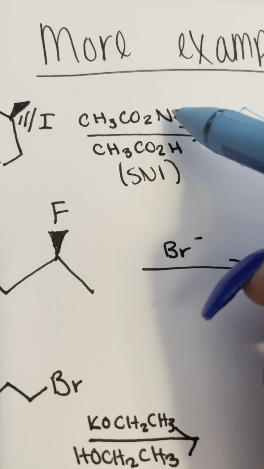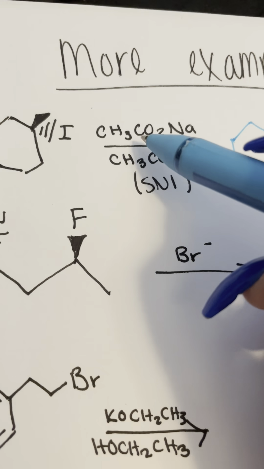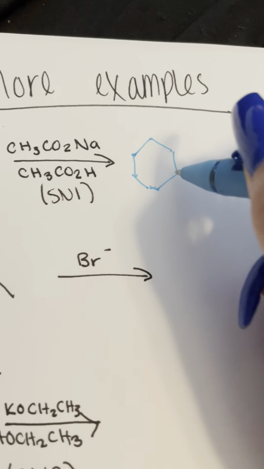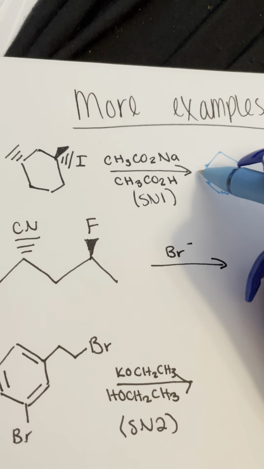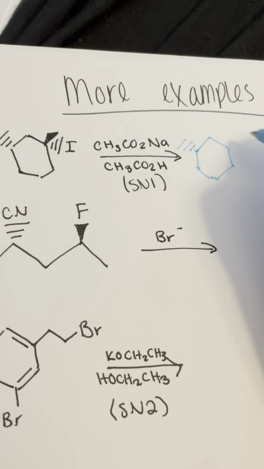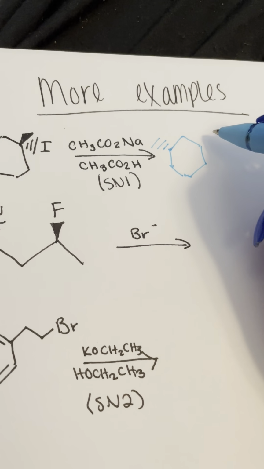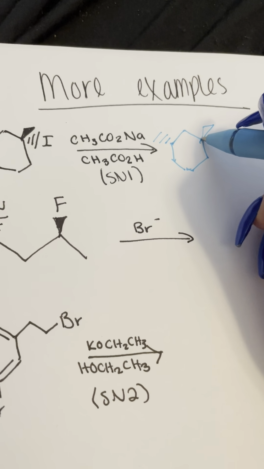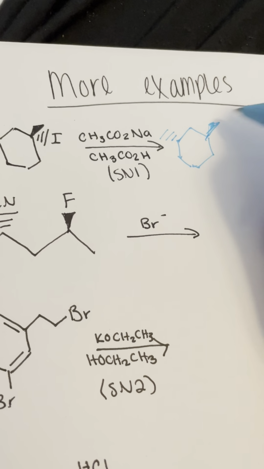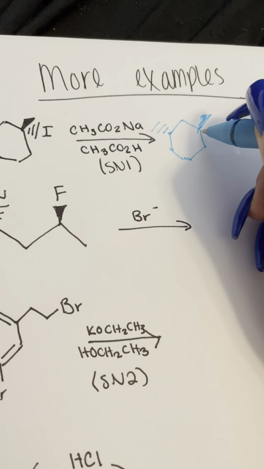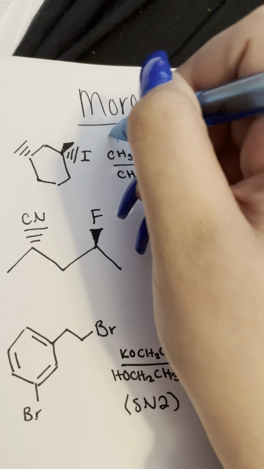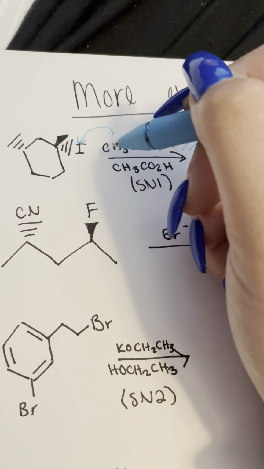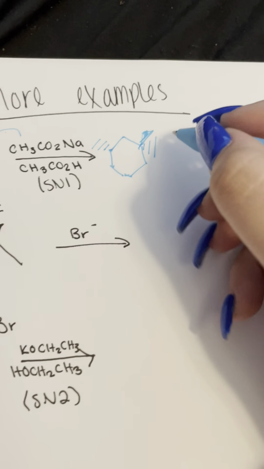Alright, so it would be CH3CO2. So keep that. This is unchanged with the sterics. This is unchanged. And instead of iodide being there, we would actually put the CH3CO2.